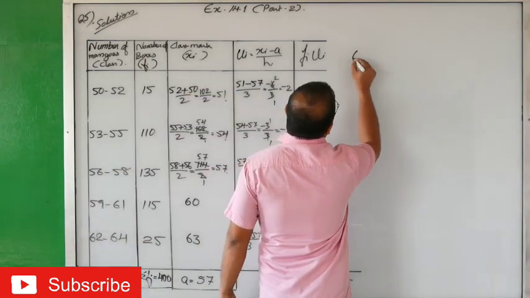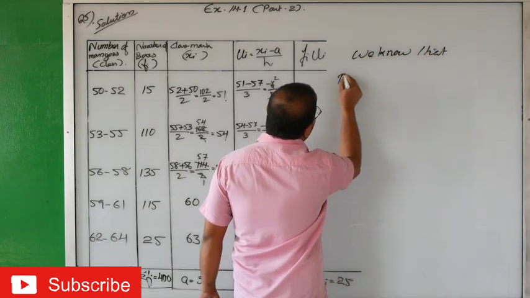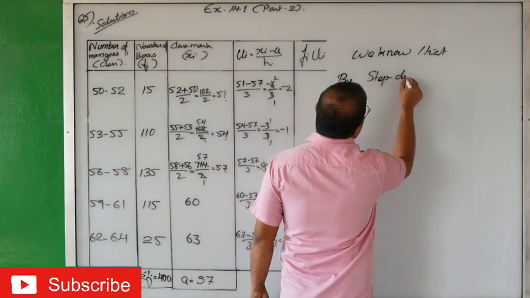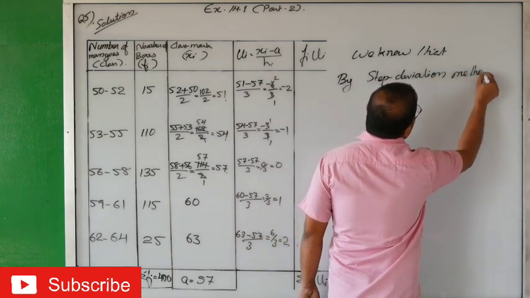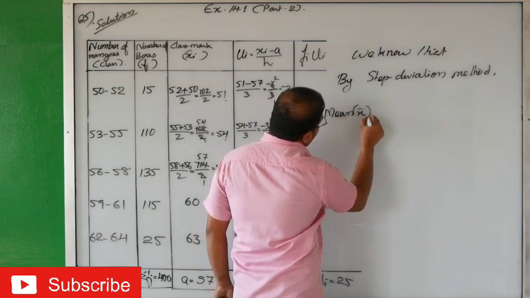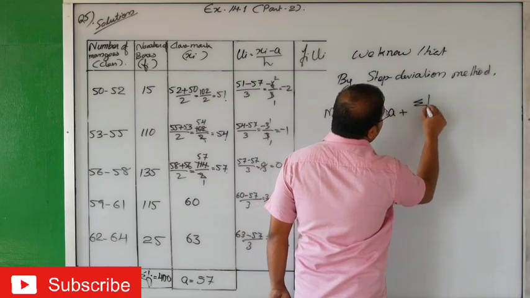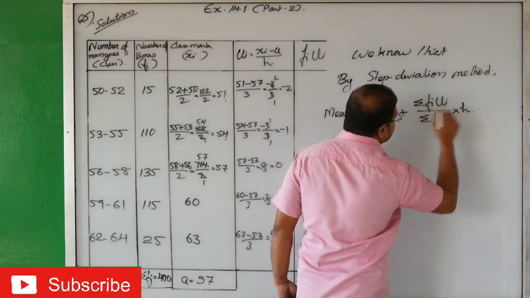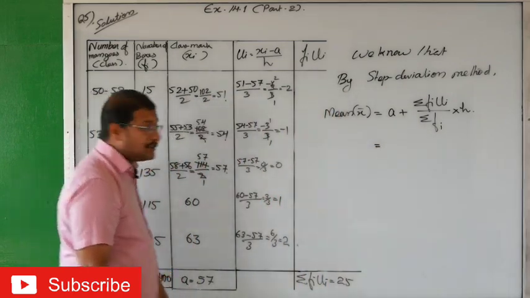Ready? So we'll write now. We know that by step deviation method, mean x bar equals, what is the equation? a plus sigma fi ui by sigma fi into h equals, what is the value of a from the table? 57.